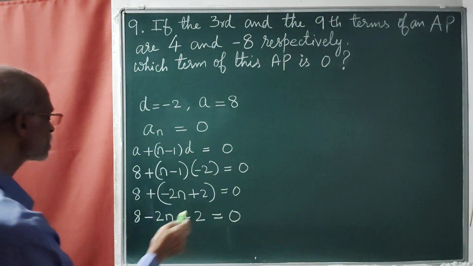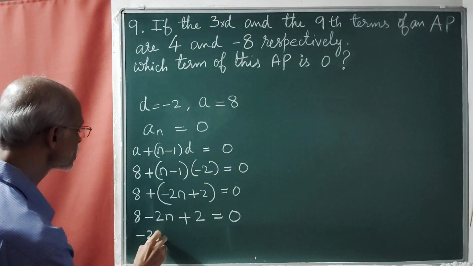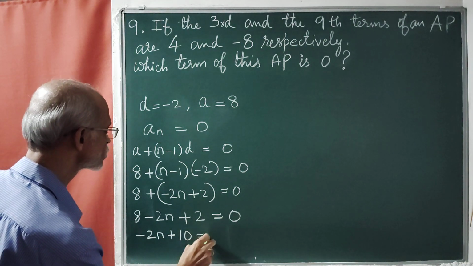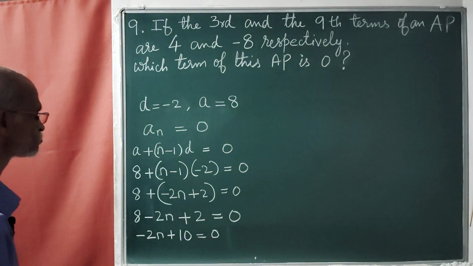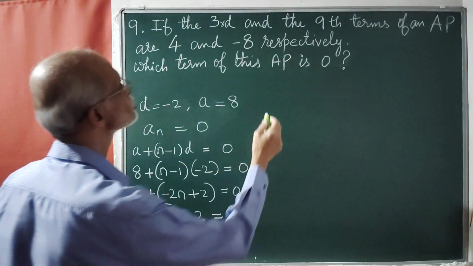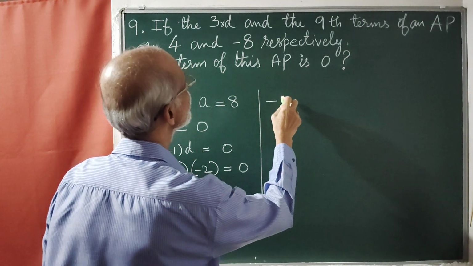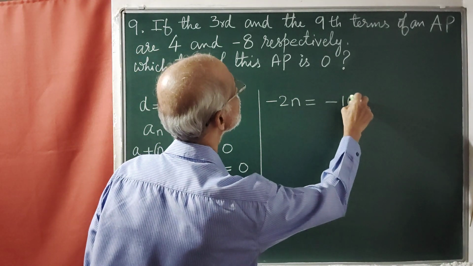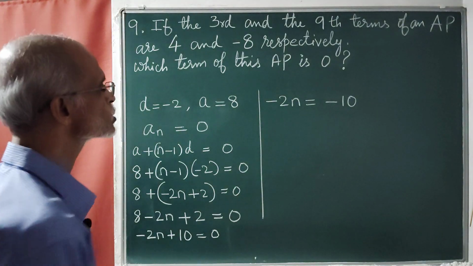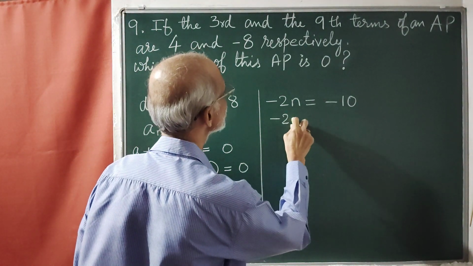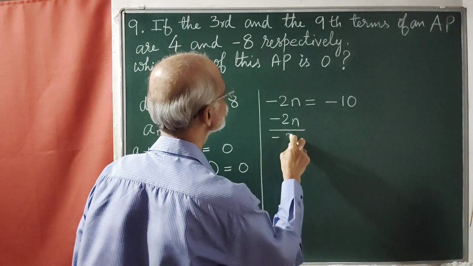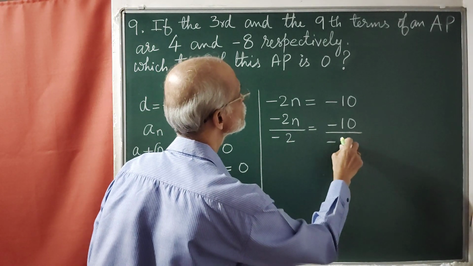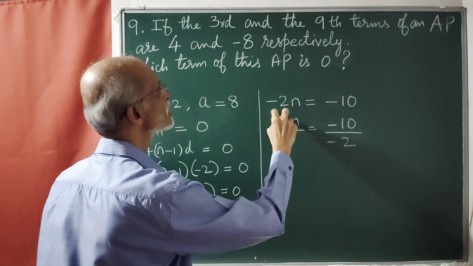So now I can solve it here. So I'll get minus 2n plus 10 is equal to 0. So now minus 2n is equal to minus 10. Now I'll divide both sides by minus 2. Minus 2n by minus 2 is equal to minus 10 by minus 2. So this will get cancelled here.